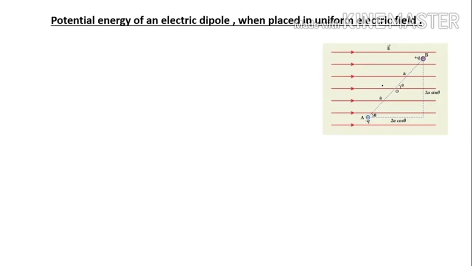Okay. So in uniform electric field, we have understood that there is no net force acting on that particular dipole. The net force acting on the dipole becomes zero; it gets cancelled. Let's just say this is my dipole, and this is my electric field, which is uniformly directed in this direction.